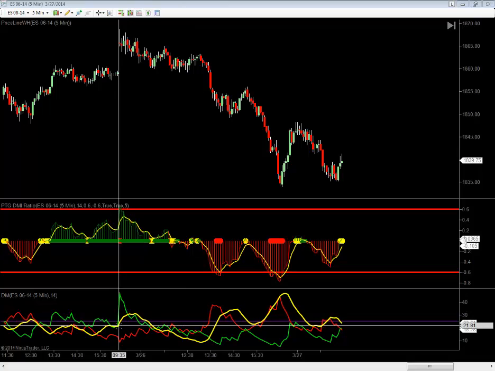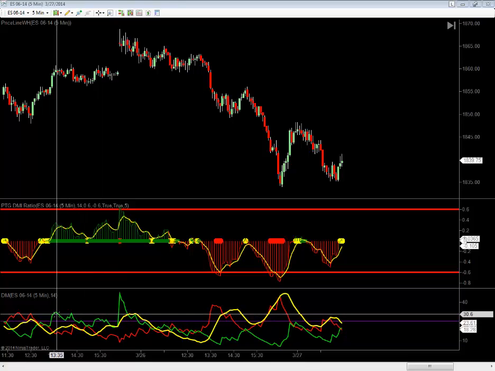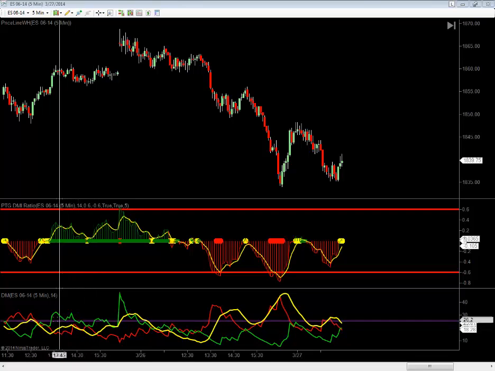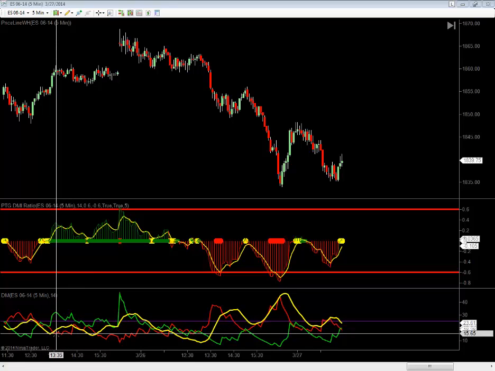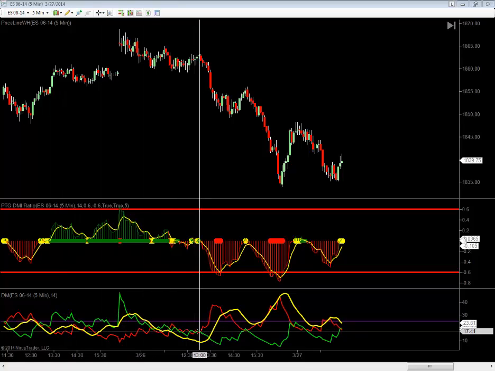On the traditional DMI indicator, you can see the buying pressure, the plus DI line in green, and the minus DI line in red. If the plus DI line is above the minus DI line, that indicates net buying pressure. And when the minus DI line crosses above the plus DI line, it measures net on balance selling pressure.